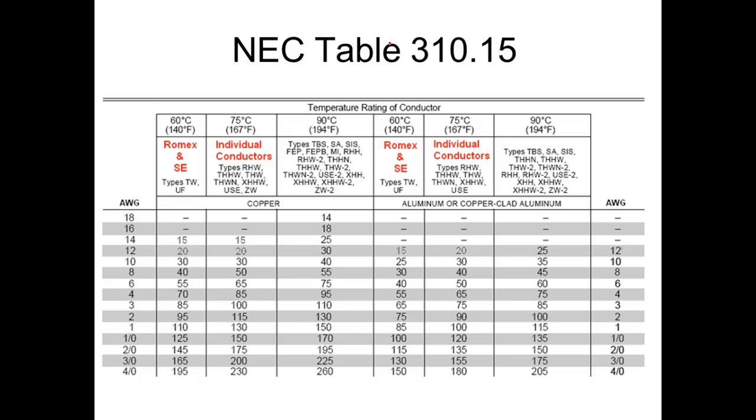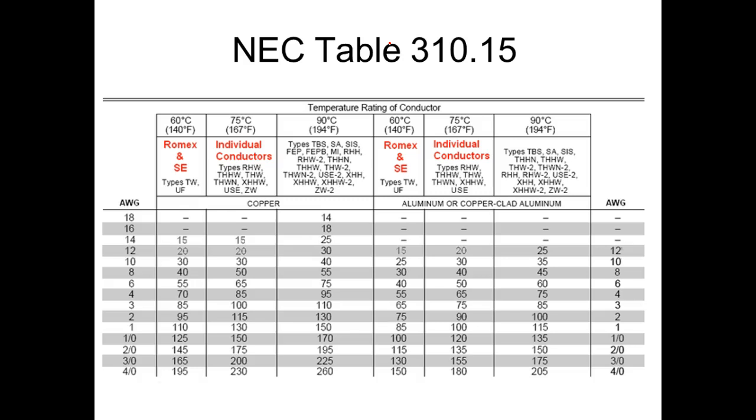That makes sense? And notice they change the rating depending on the insulation that we run. So these are different common insulations that we run in house wiring. When they move toward commercial, they move a lot into single wires. In residential, most of ours are cables, right? You understand?